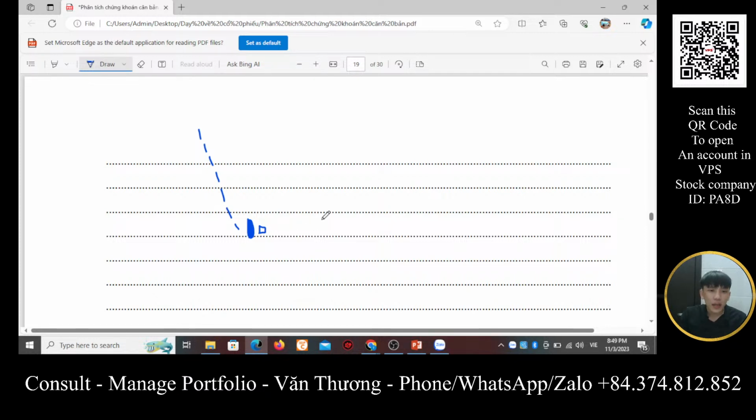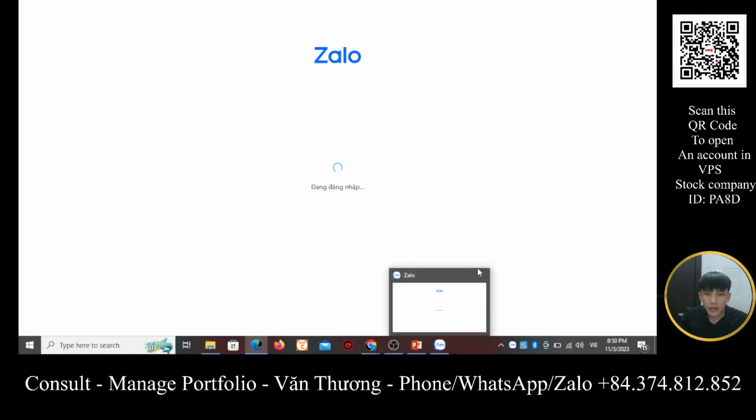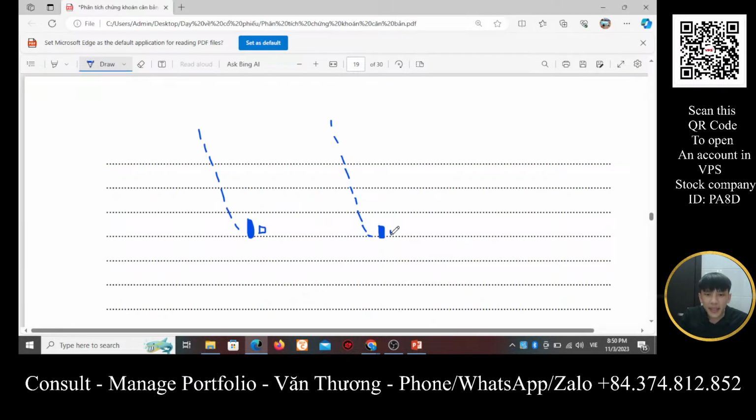On number two, the index goes down like this, and there is a dark candle in here. And today in the morning, the index goes down like this.